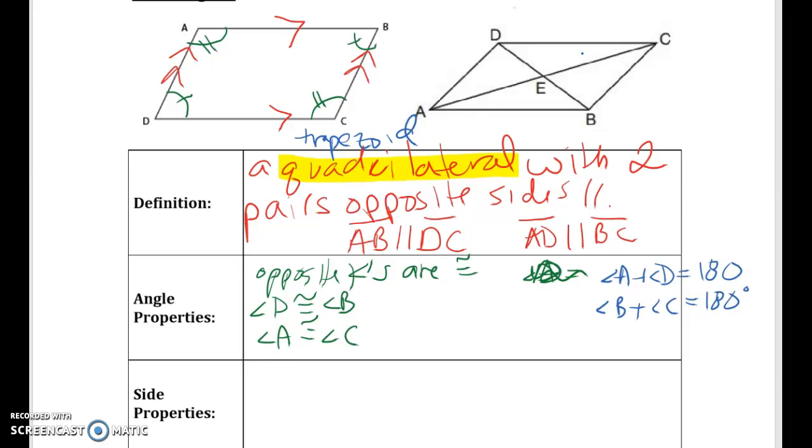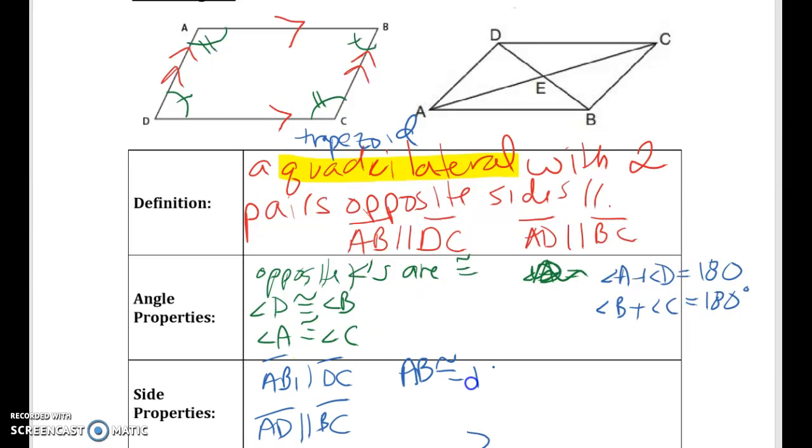What do we know about the sides? Well, in addition to the opposite sides being parallel, so again, AB parallel to DC, and AD being parallel to BC. So we have AB parallel to DC. AB is also congruent to DC.